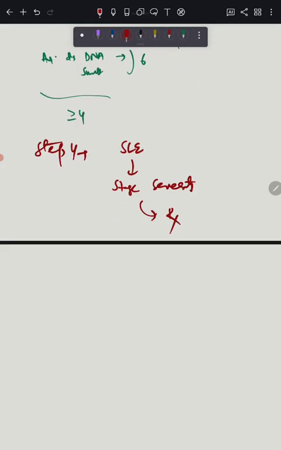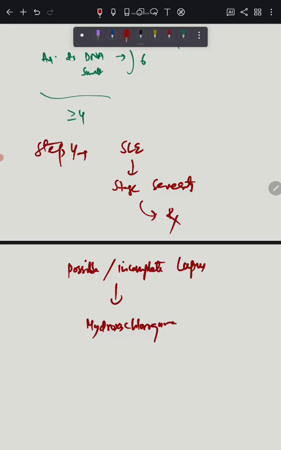If it doesn't meet any criteria, so ANA was positive and symptoms were there, but it doesn't meet any criteria, but it's close, this can be a case of possible or incomplete lupus. You have to monitor this patient closely, and you can protect this patient with hydroxychloroquine if appropriate, and manage organ problems as they arise.